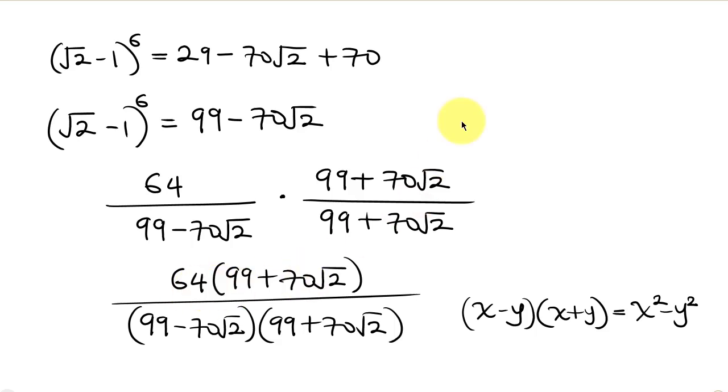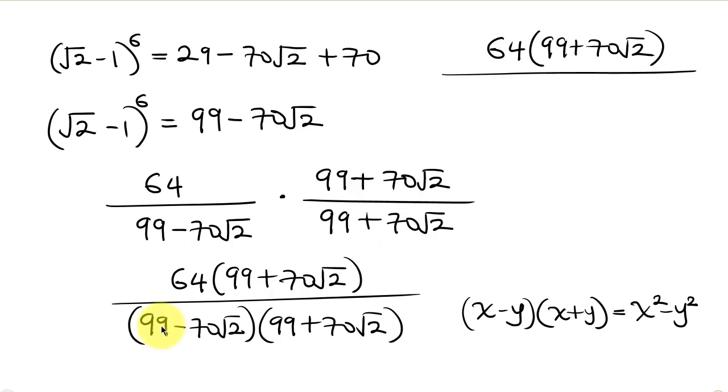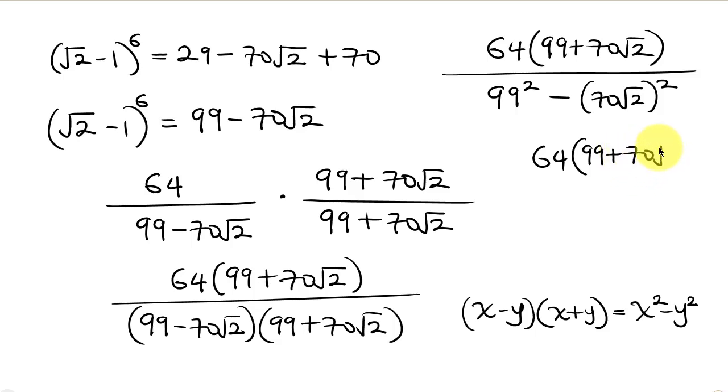So that on the numerator, we have 64 times 99 plus 70 root 2 all over, now the denominator, just like this, we have 99 squared minus 70 root 2 squared. Very good. Now let's simplify further. So we have on the numerator 64 times 99 plus 70 root 2 all over.